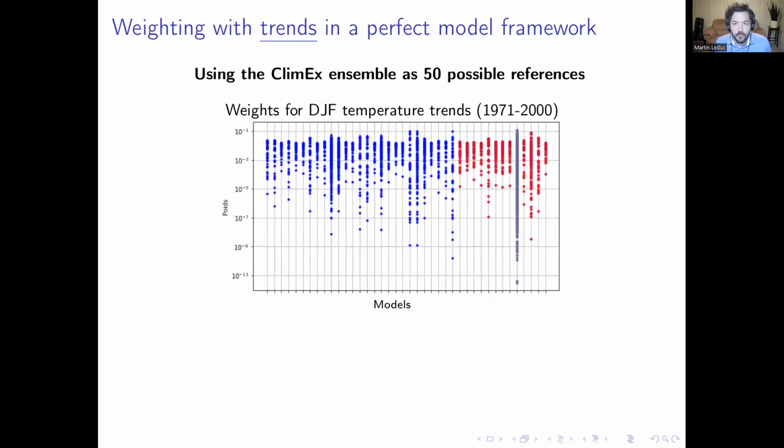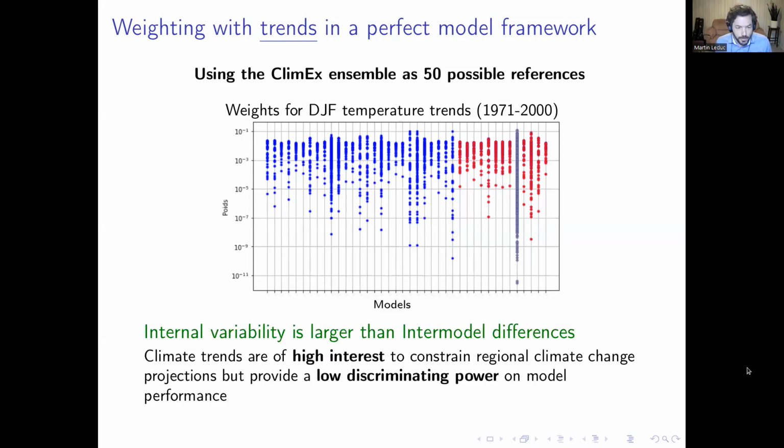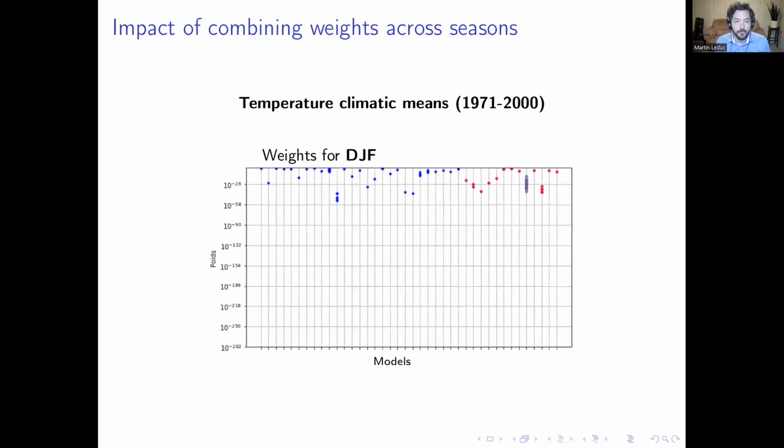We can see from the perfect model framework that the uncertainty due to the different initial condition members ranges total more than the range of the different models. So while local trends are of high interest to constrain the regional climate change projection, here they provide very low discriminating power on model performance.